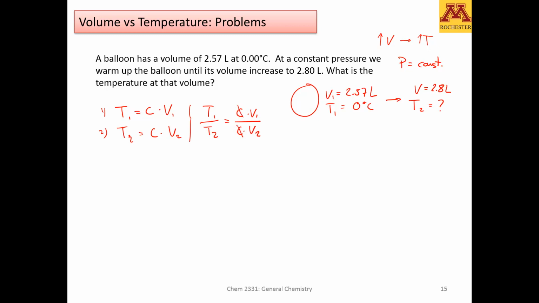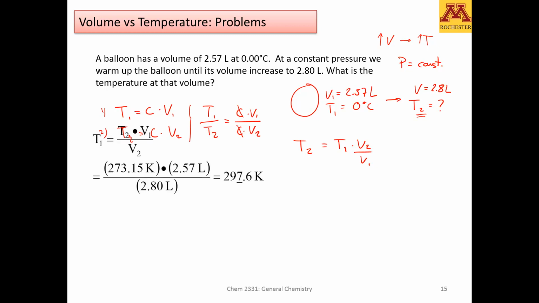Therefore, what it's asking is T2. T2 is equal to T1 times volume 2 over volume 1. All right. So that's the relationship that you need to come up with.